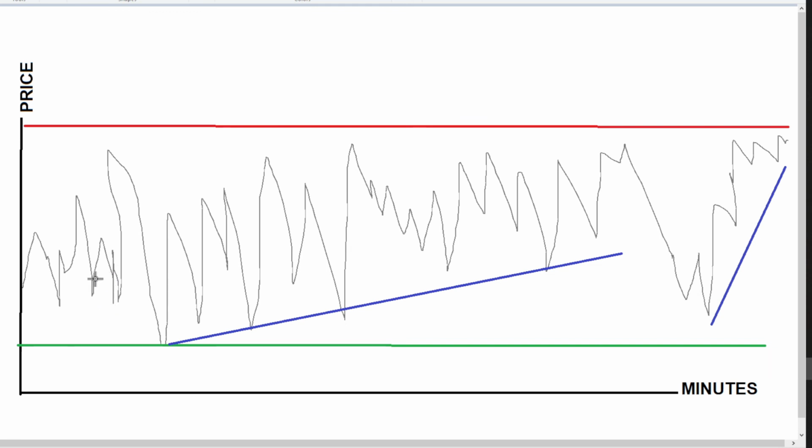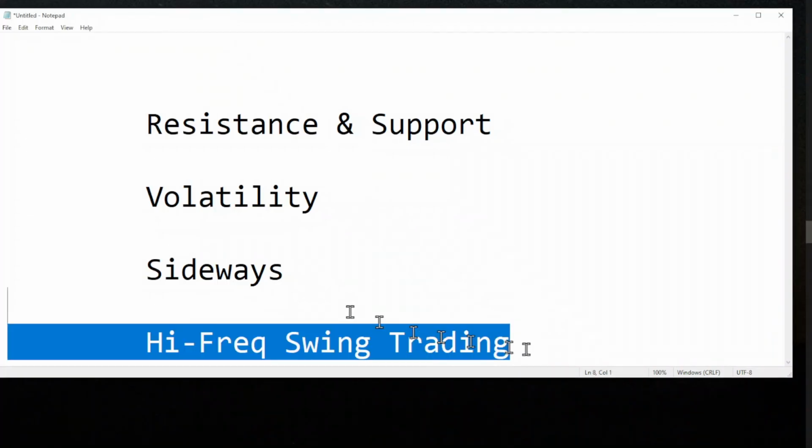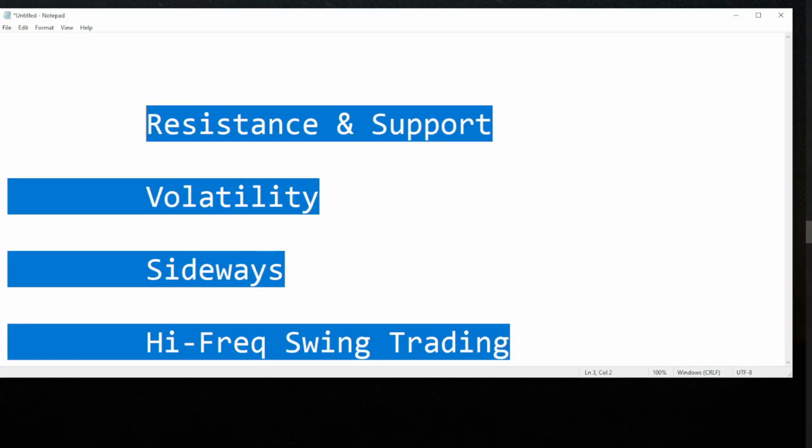But you can swing this stock. You could stay right here during the day if you have funds, and you can buy and sell, buy and sell. That would be high frequency trading. So we introduced all four of these in a very basic way, and we'll be talking more about them as time goes on. See you in the next video.